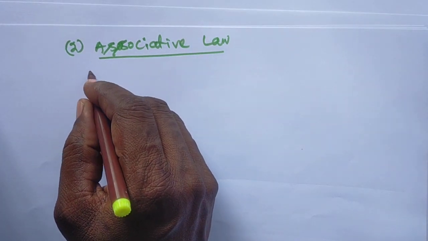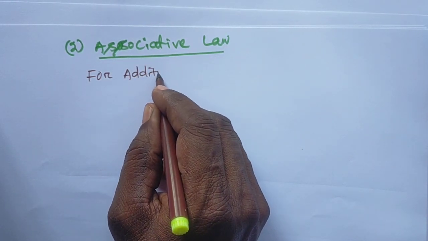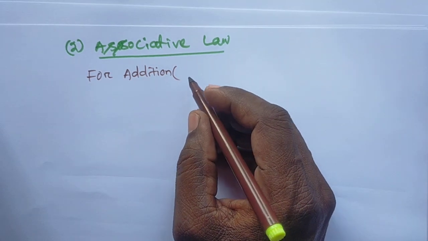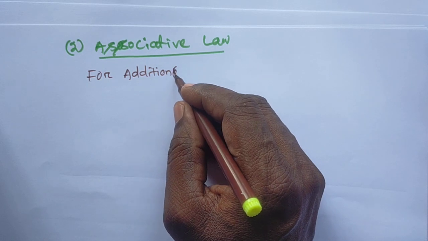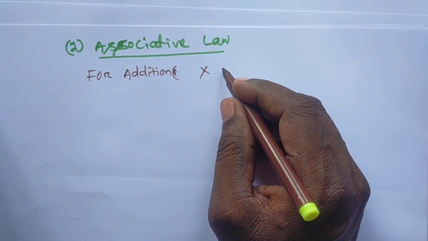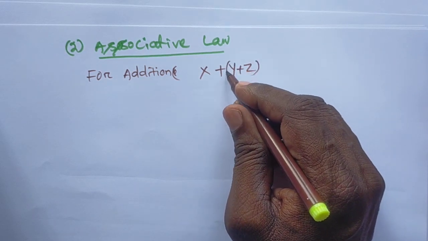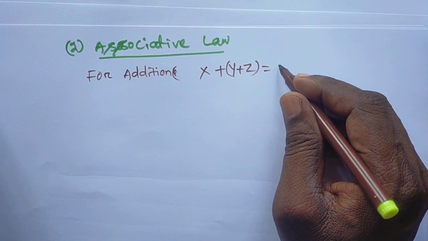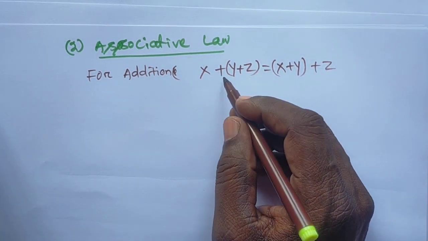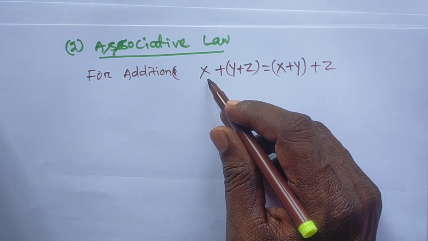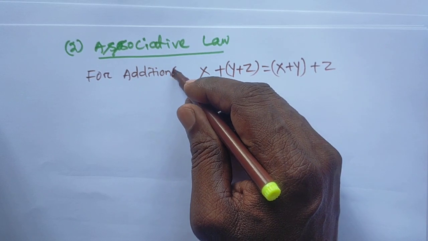For addition, x plus (y plus z) is equal to (x plus y) plus z. It associates y plus z with x, and x plus y with z.